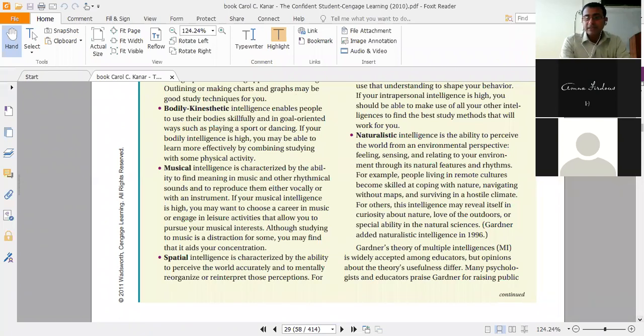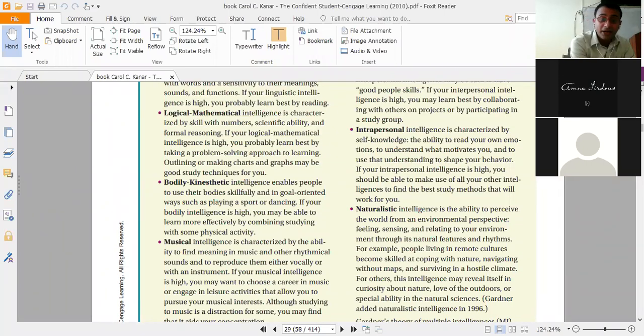Yes, sir. Then the next kind of intelligence is intrapersonal intelligence. One is interpersonal, knowing the other people, knowing their feelings and emotions, taking care of their feelings and emotions. And the other is intrapersonal, related to yourself, your self-knowledge, how much you know yourself, your strengths and weaknesses, your likes and dislikes, your feelings and emotions.